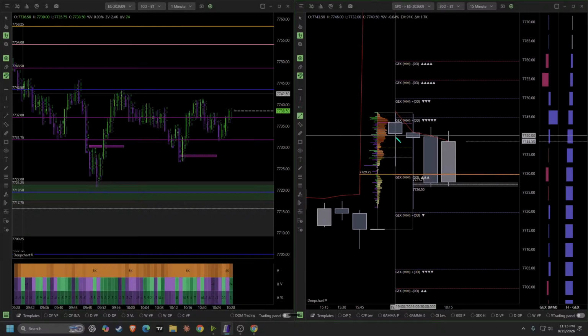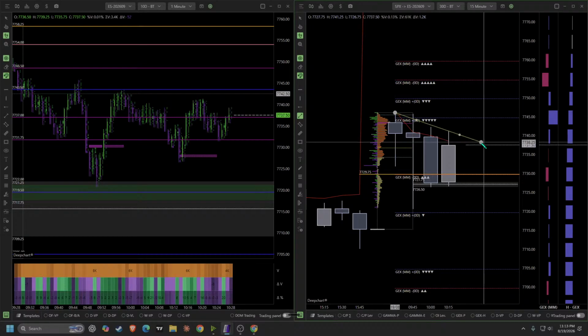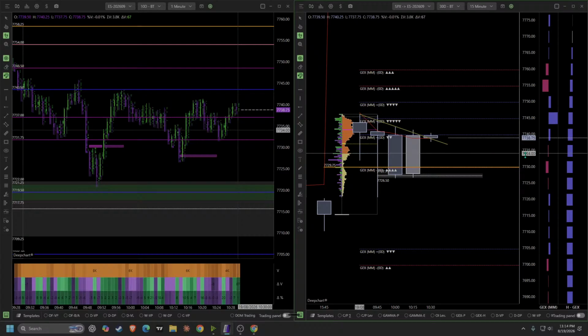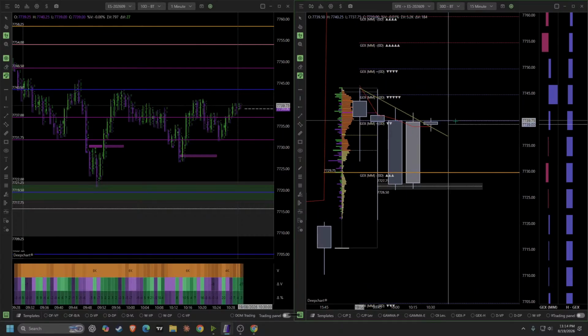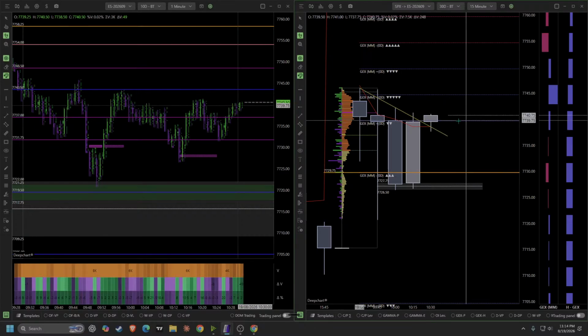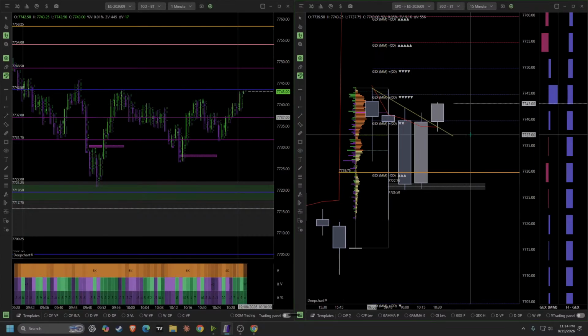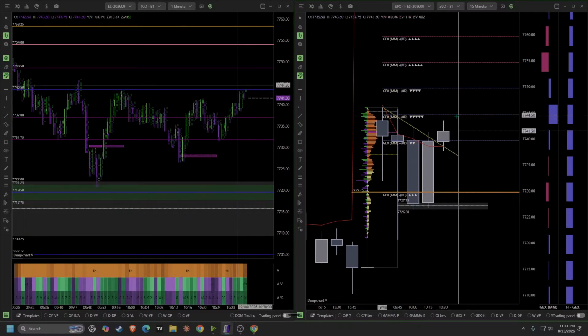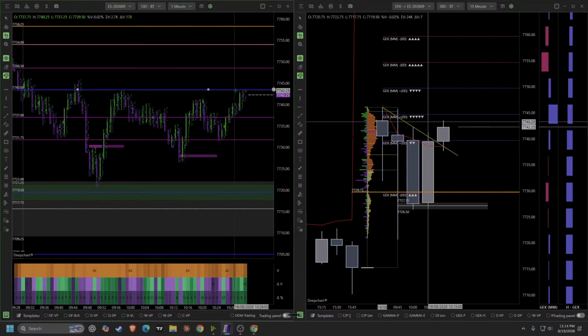We've also bounced off this zero GEX line multiple times. And this GEX level 2 at 77.40 is also acting as a break. So we broke through it, retesting 77.44.